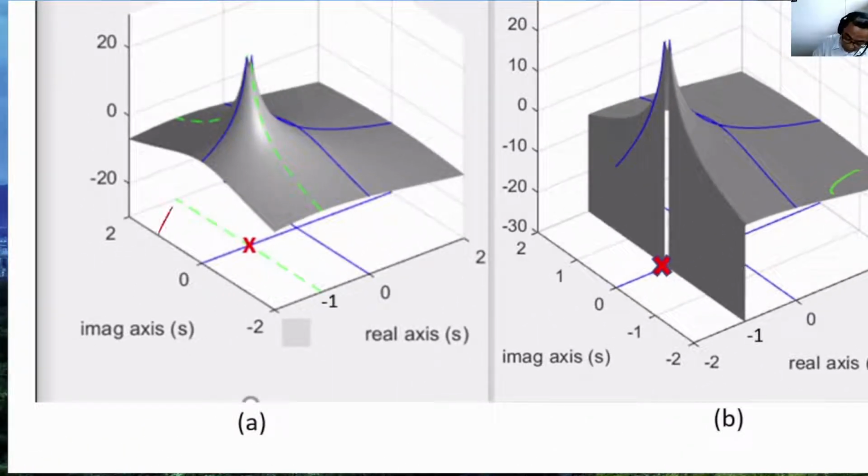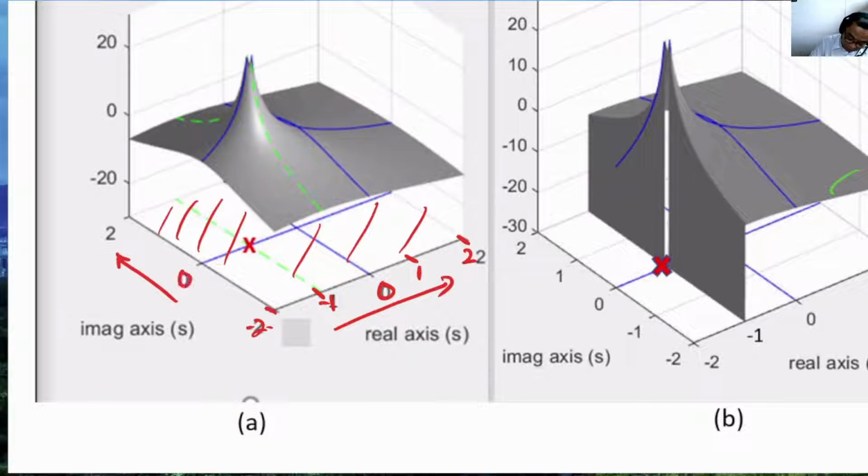This is the entire s plane. This is the real axis here. So this is 0, this is 1, this is 2, this is minus 1, and this is minus 2 along the real axis. Here is the imaginary axis. This is 0, this is j1, and this is j2. This is minus j1, and this is minus j2.